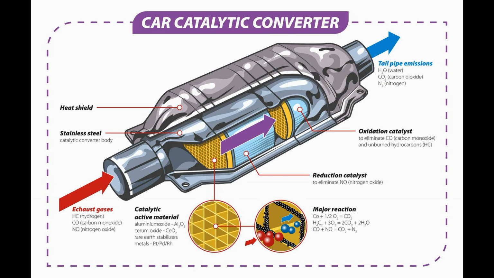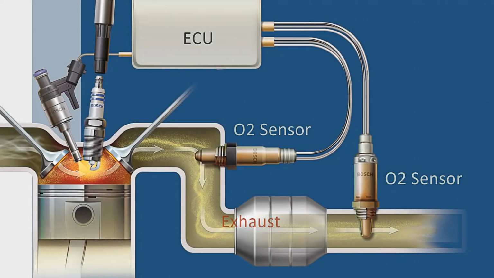So how this works is the precious metals have a chemical reaction with the gases, and it breaks the pollution down into less harmful compounds. That's very important because it's supposed to keep emissions low and protect the earth from harmful gases reaching the atmosphere. So now we are going to proceed into the diagnostic part of this.